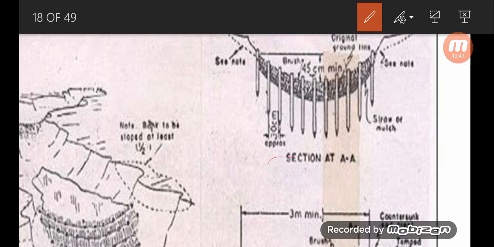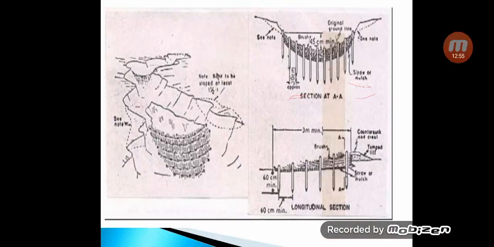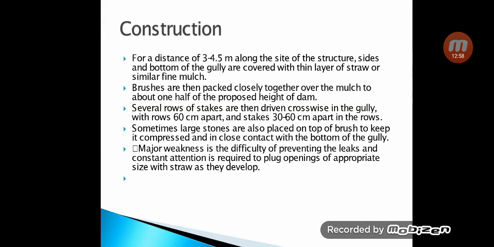You can see here the stakes or posts. Their minimum distance should be 30 centimeter and maximum should be 60 centimeter. Sometimes large stones can also be placed on top of the brush to keep it compressed. So you can use large stones also.